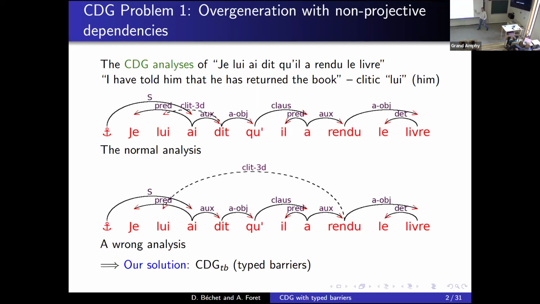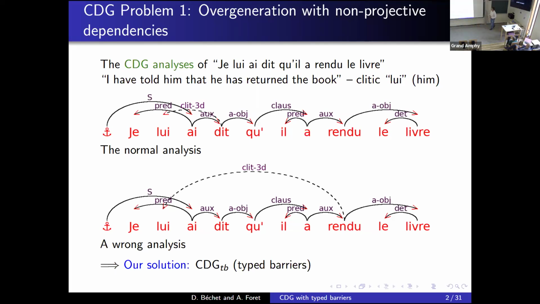But if we have something more liberal from the point of view of non-projective dependencies, it's possible to have another analysis, the second one here, a wrong analysis, where the first verb has this dependency, but it's the second one, which corresponds to "returned the book."